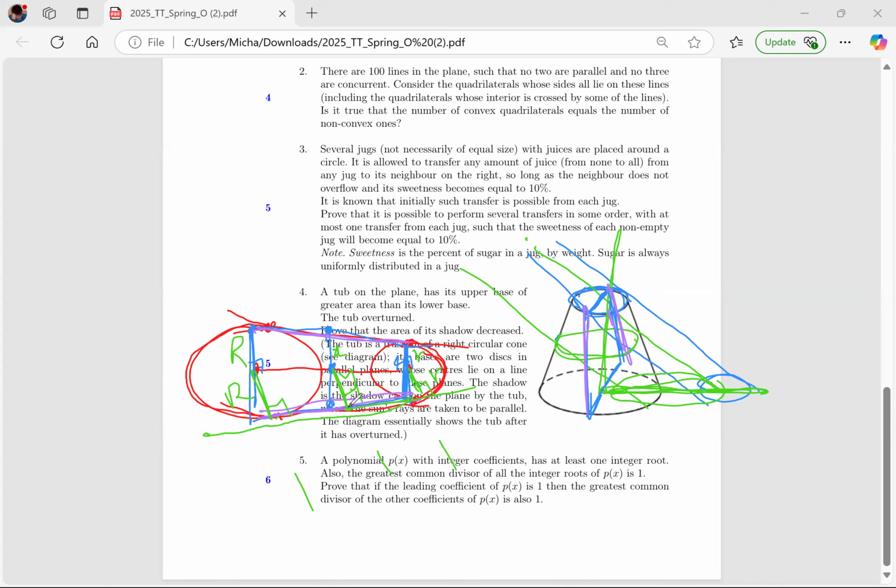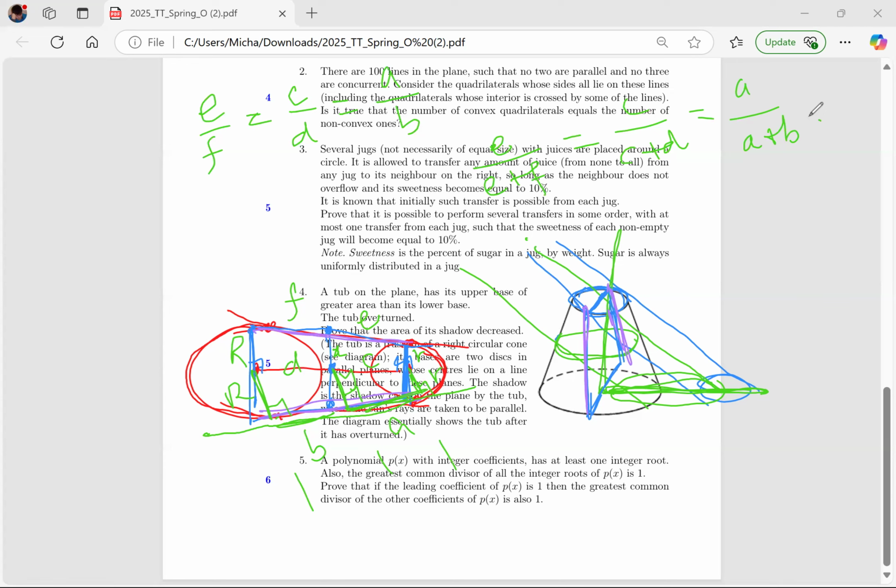So if we label these segments A, B, C, D, E, F, then E over F is equal to C over D is equal to A over B. That's also equivalent to E over E plus F equals C over C plus D equals A over A plus B.